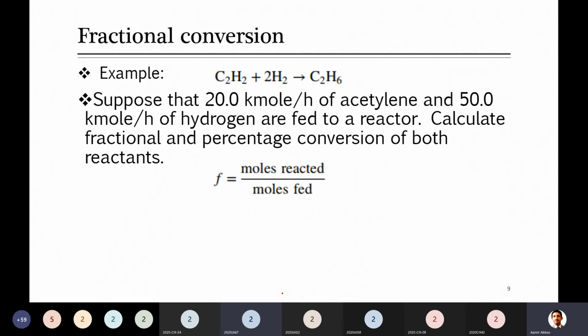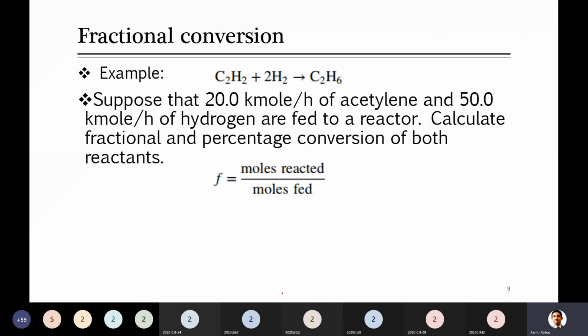Complete. Maybe some of you are confused, this question is linked with the previous question. Just a few minutes back, you came to know that acetylene is the limiting reactant. Again, he didn't mention it, but you should remember that the limiting reactant will be completely consumed.